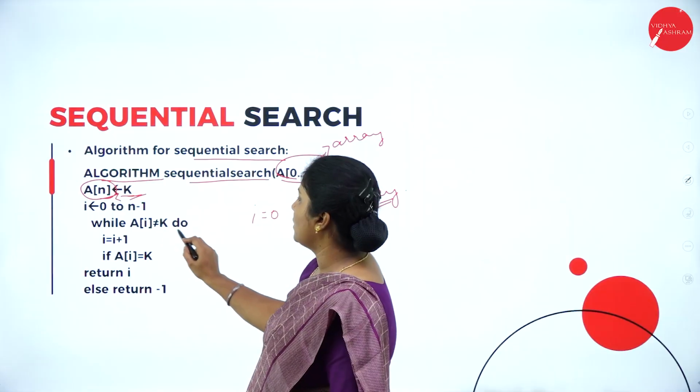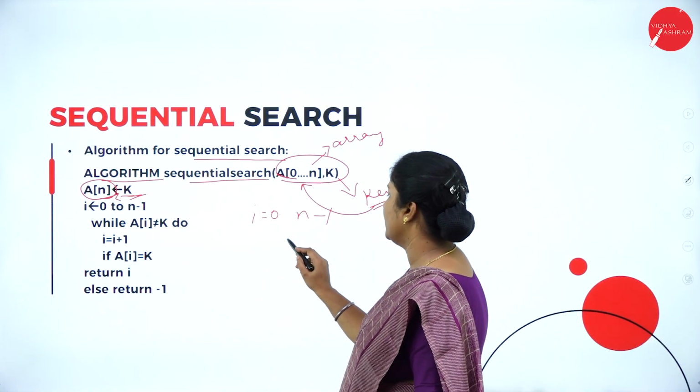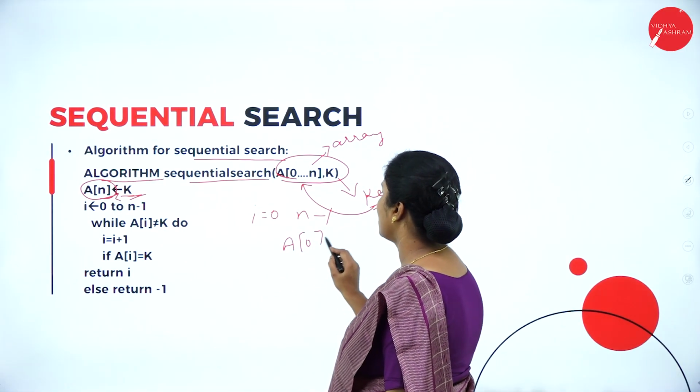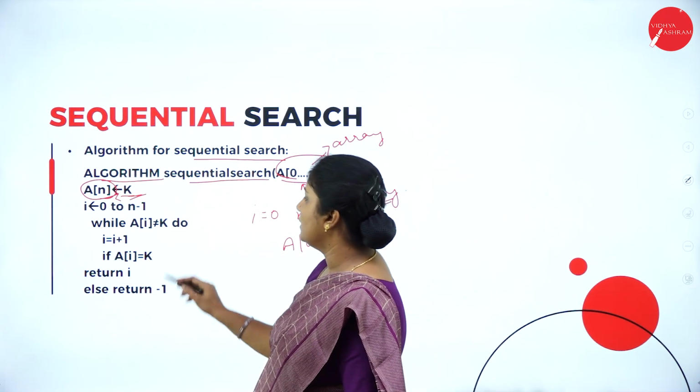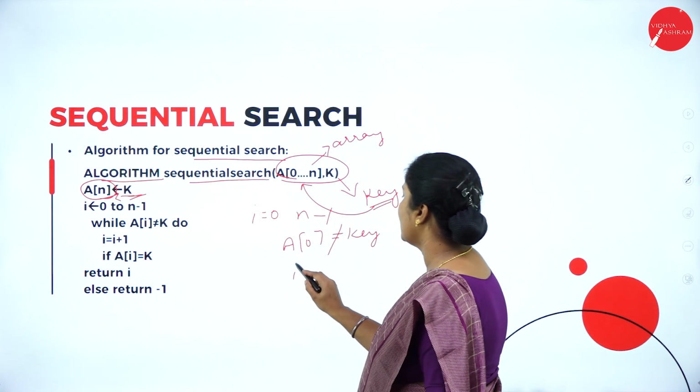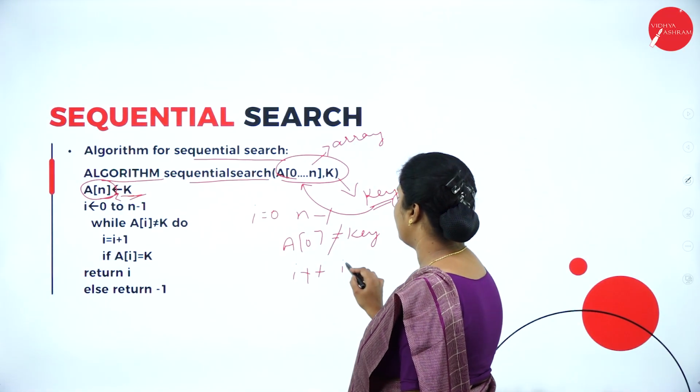While a of i is not equal to k, if the first element a of 0 is not equal to the key, then what should I do? Then increment i, that is i plus plus or i plus 1.